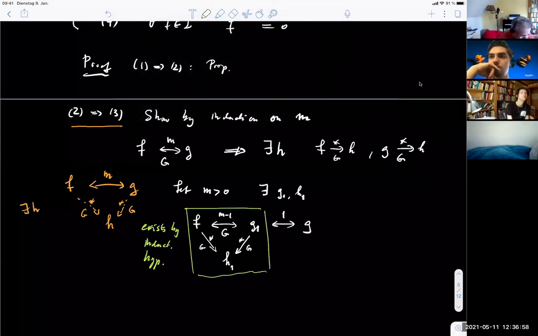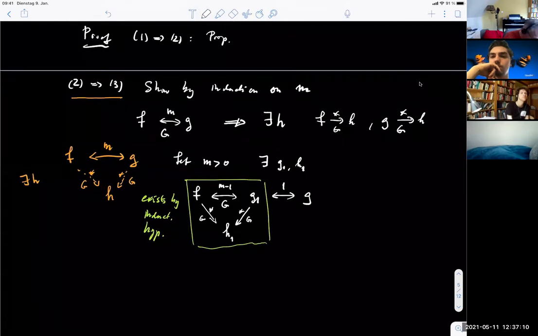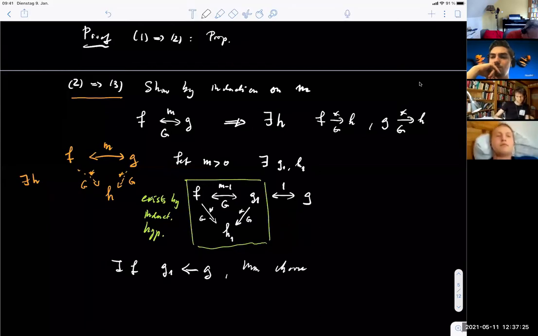Now we will make a case distinction depending on what this step was. Did it go from left to right, or from right to left? Let's assume it goes from right to left. Then choose H as H1.